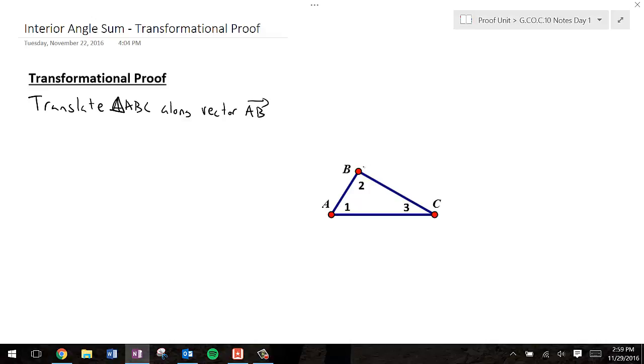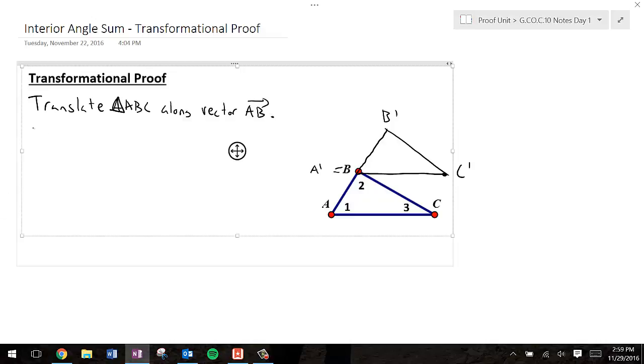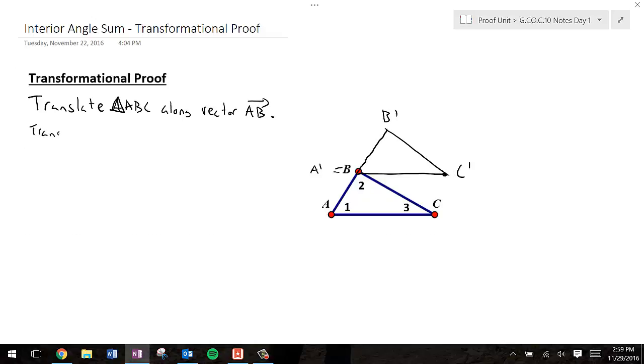And that's going to give me this second triangle that looks just like our first triangle. And I end up with C prime here. I have B prime here, and B is also going to be known as A prime. We have an isometric transformation. Since translations are isometric, all our angles are preserved.